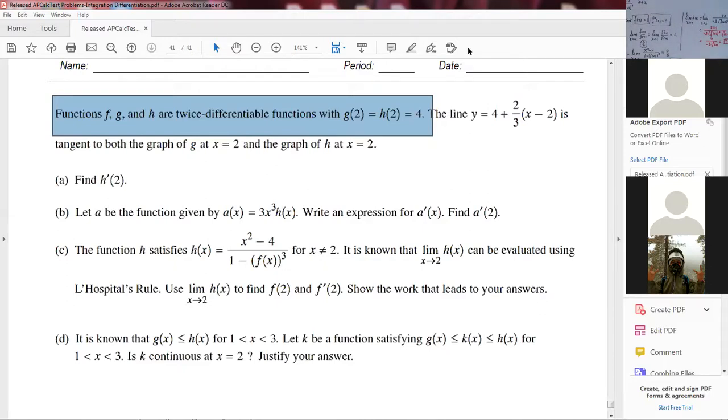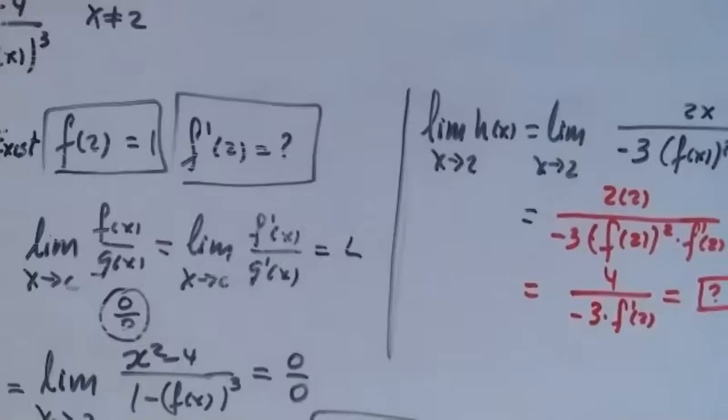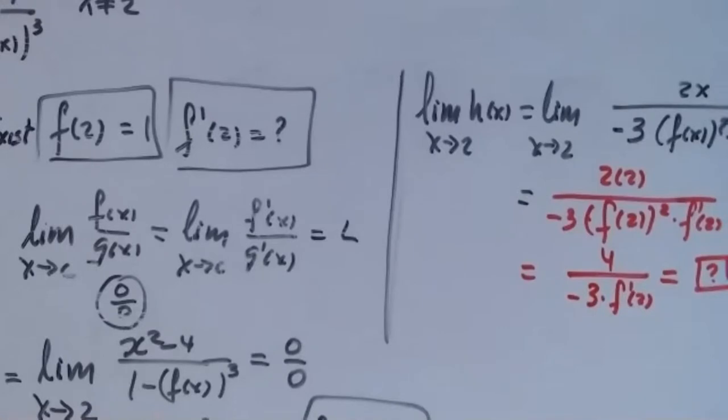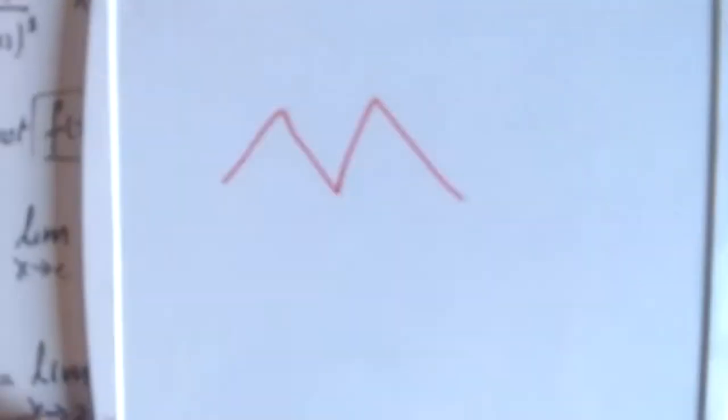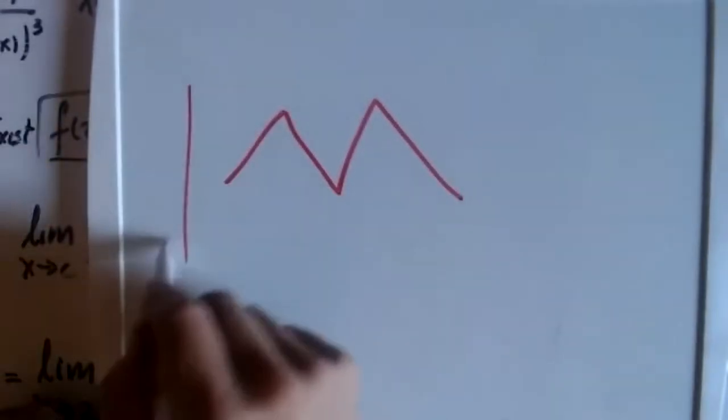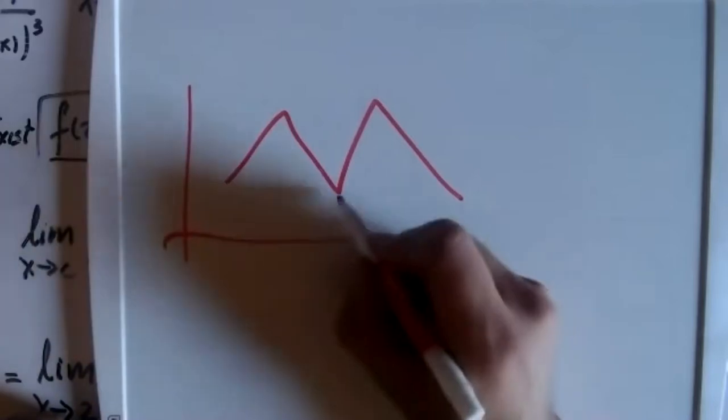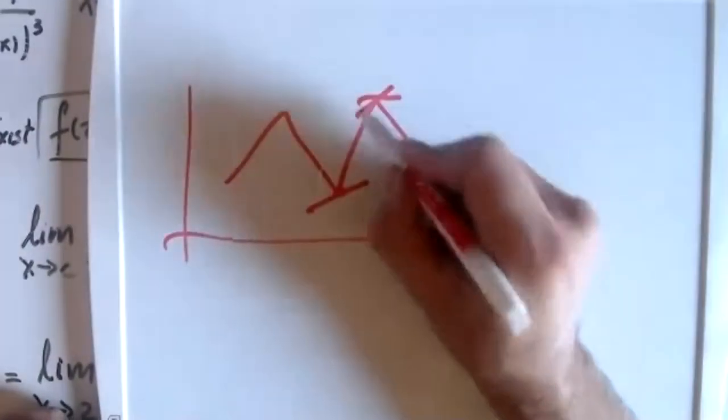But let's see. Let me just go back to the concept. Let me just open a board. Let me go back to that concept. This function is continuous, correct? This function is continuous, but is not differentiable here, correct?